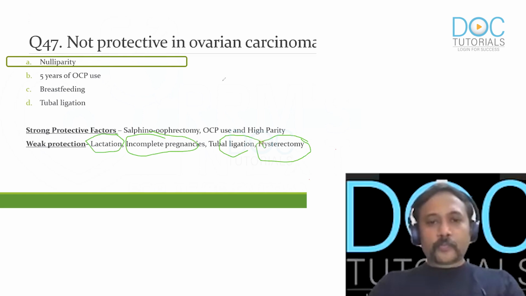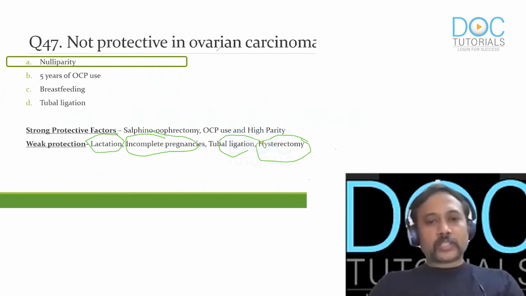If you take up hysterectomy being protective, as I was just about to answer that question: hysterectomy and tubal ligation, both of them interfere with the blood supply to the ovaries. The ovarian blood supply is derived from multiple areas. So when you remove the uterus, the uterine component of the blood supply is going to be taken off. The anastomoses in that area are going to be taken down when you're doing a hysterectomy without doing the salpingo-oophorectomy.